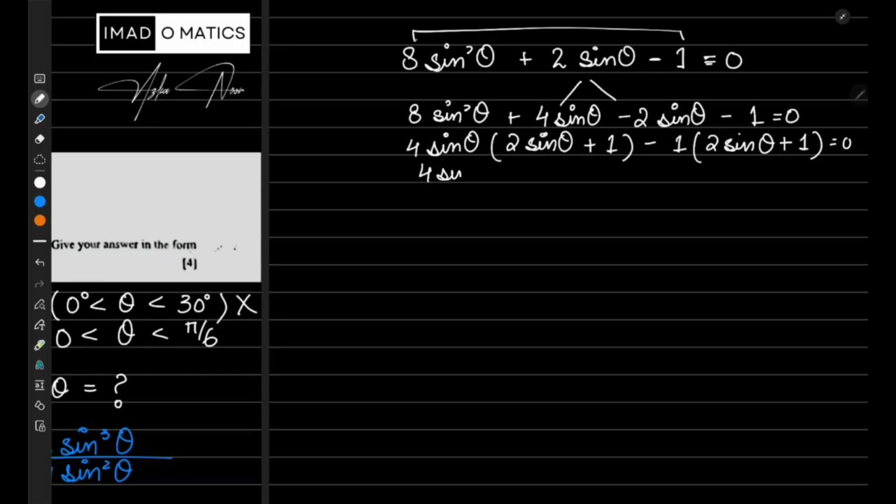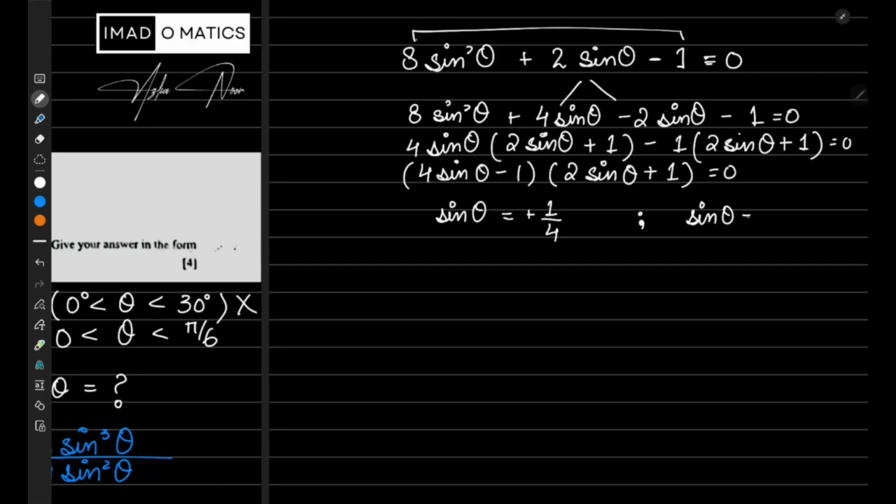So 4 sine theta minus 1 times 2 sine theta plus 1 equals 0. That gives you sine theta equals either positive 1 over 4, or sine theta equals minus 1 over 2.